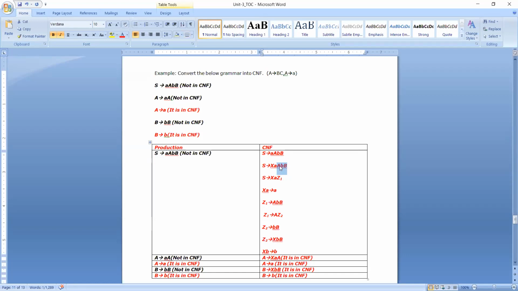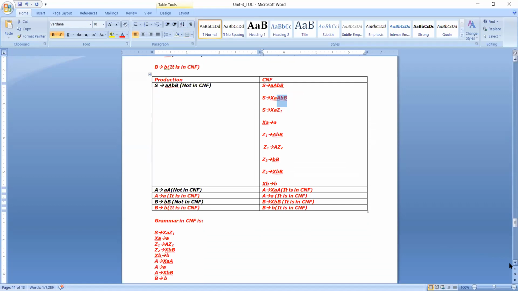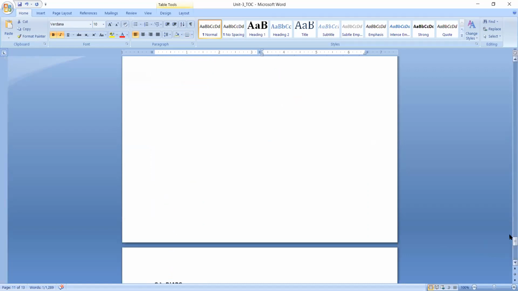Then again we check how many symbols are there. If the length is greater than 2, again we break it with a new variable. This is the procedure we follow in order to convert our grammar into Chomsky normal form.